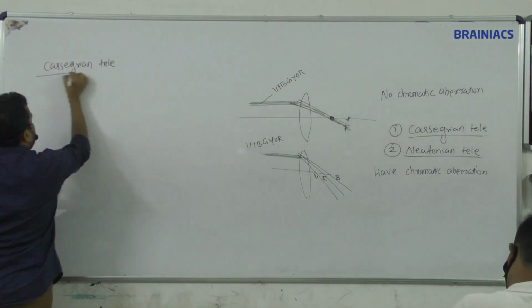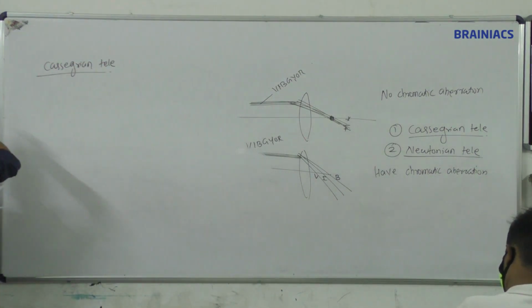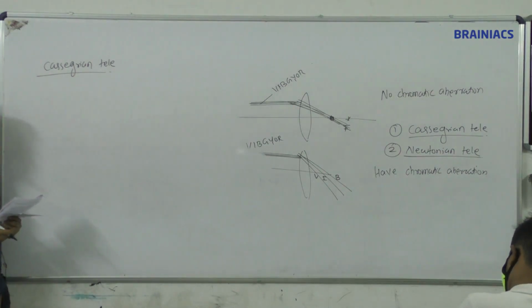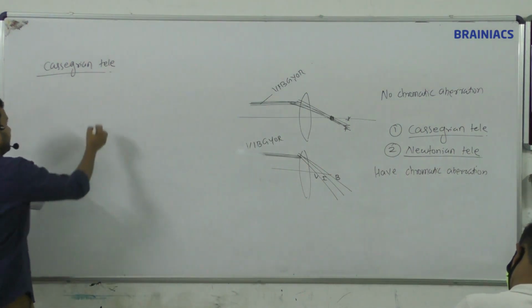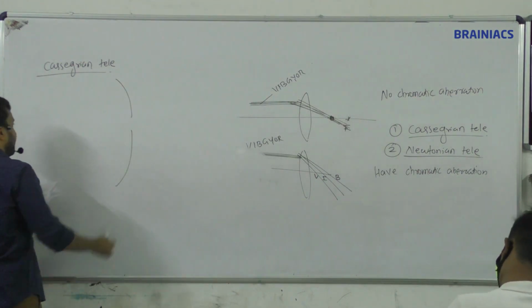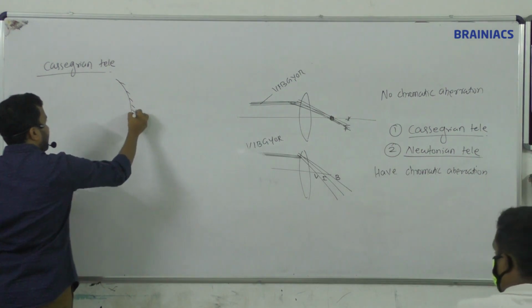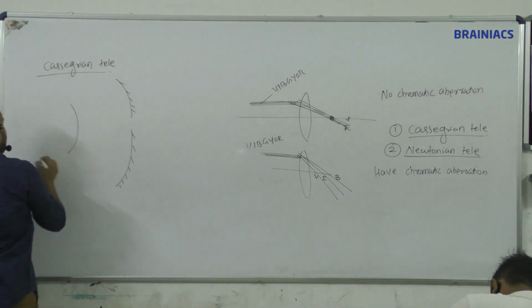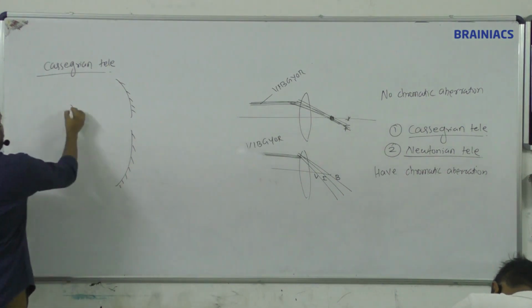Cassegrain telescope consists of mainly a primary concave mirror and a secondary convex mirror.